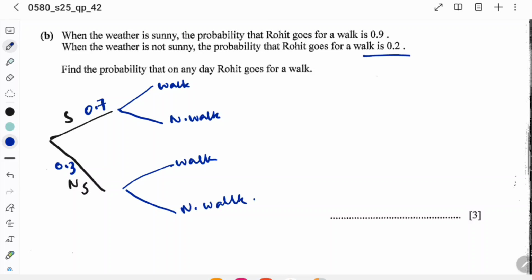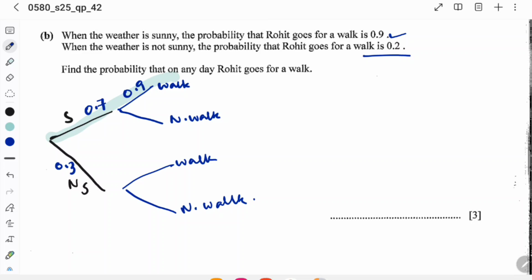Goes for a walk is 0.2, and not for the walk is the remaining. Now hold on, read the question again. When the weather is sunny, Rohit goes for the walk is 0.9. Okay, 0.9, sunny and walk. Sunny, we know it was 0.7, and walking as well is 0.9.